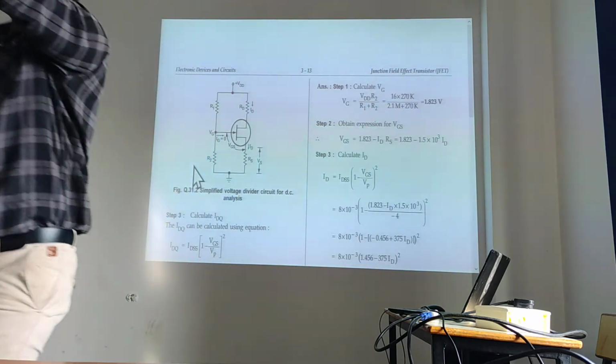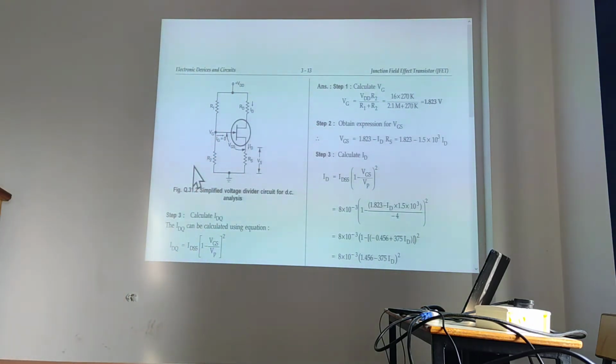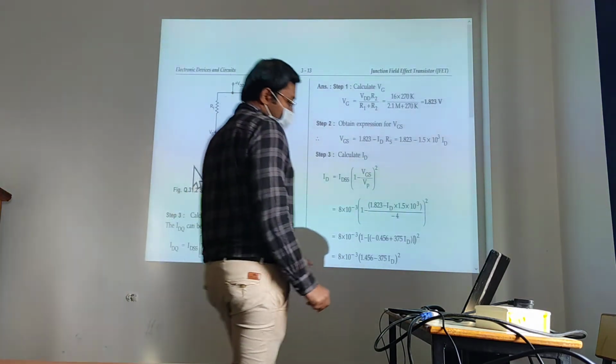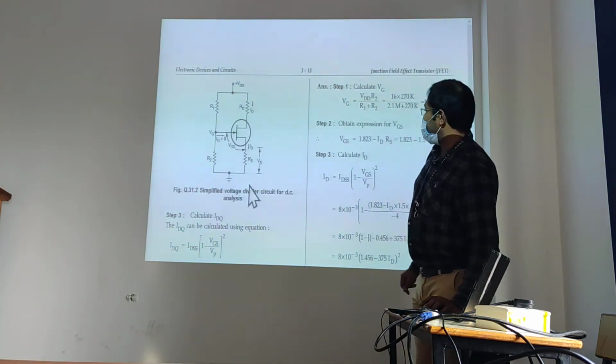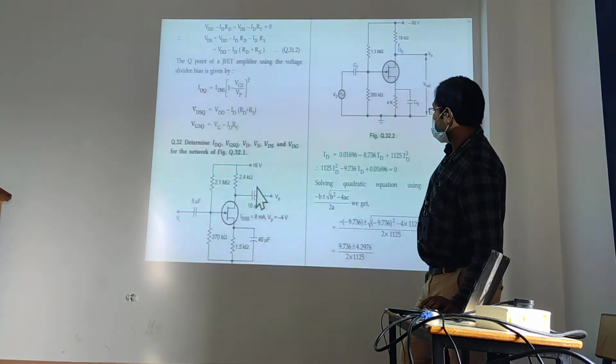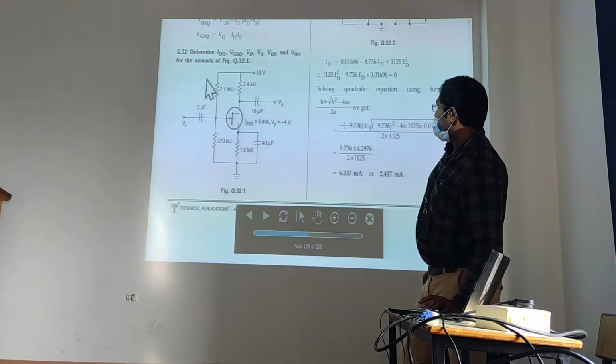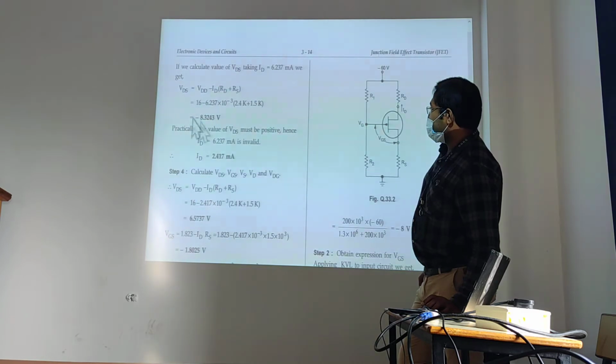So, we got two values of ID. The value of ID for which VDS is negative is not the correct ID. Next, the two values of ID that we got, from that we are finding VDS.